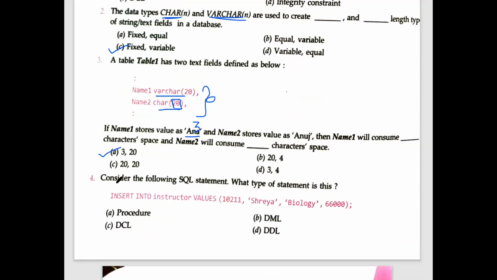Then next question, consider the following SQL statement. Which type of statement is this? Now see, again, you have to only see the first command, it is insert. Now which type of statement is it? Karan correct, very good. Prince correct. Achal correct.